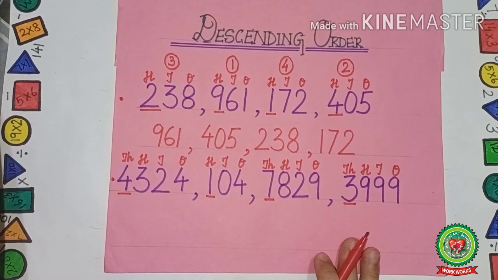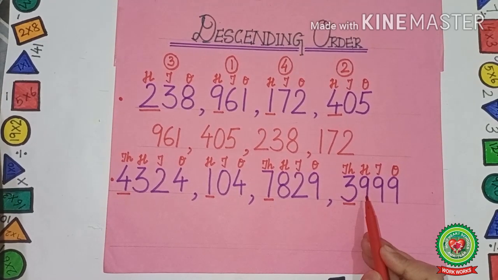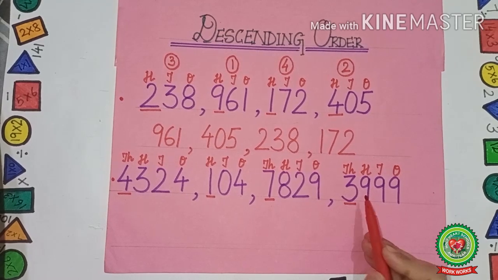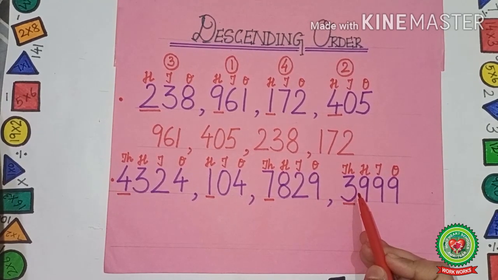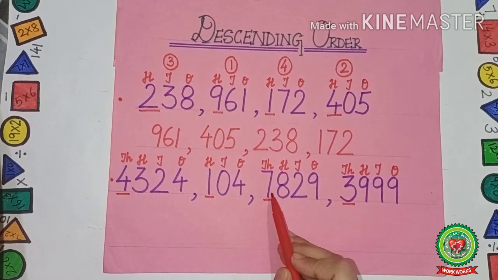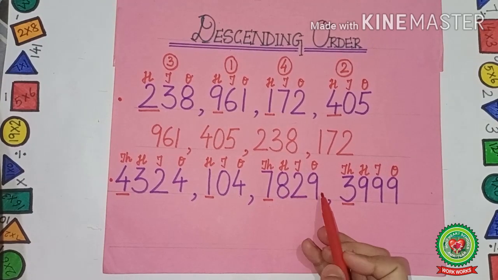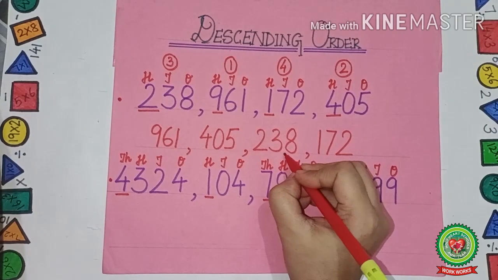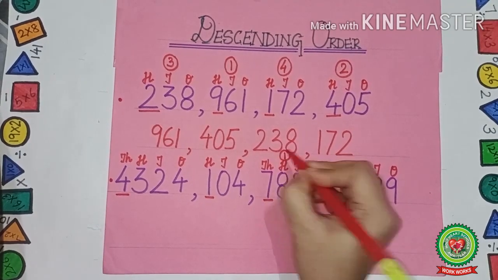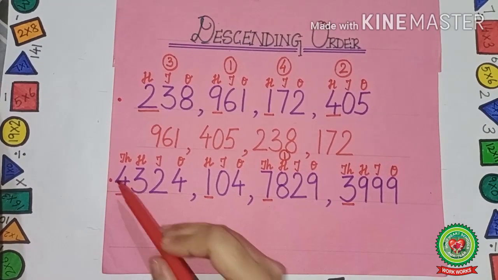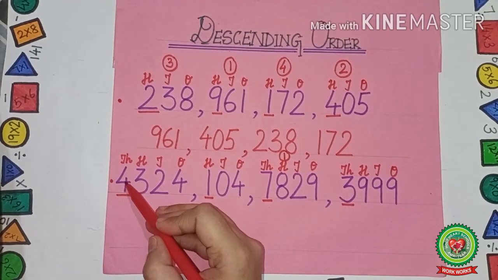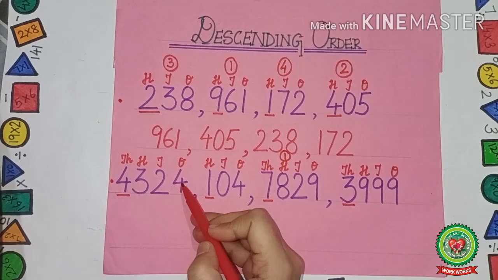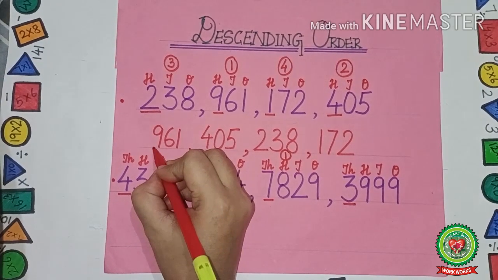So we have underlined the digits. Now we will compare the numbers. Among 4, 1, 7, 3, which is the biggest? 7 is the biggest. That means 7,829 is the biggest number. So we will write over here 1. Next is among 4, 1 and 3, which is the biggest? 4. That means 4,324 is the second in the order.